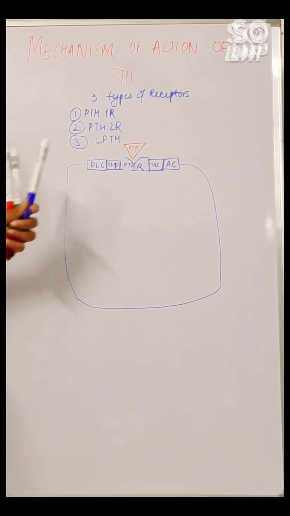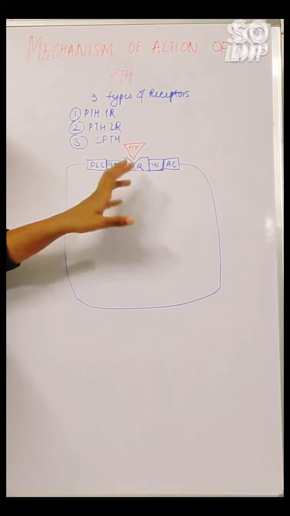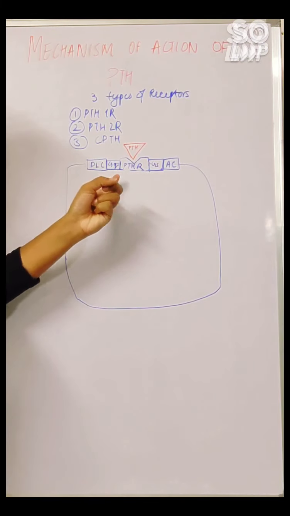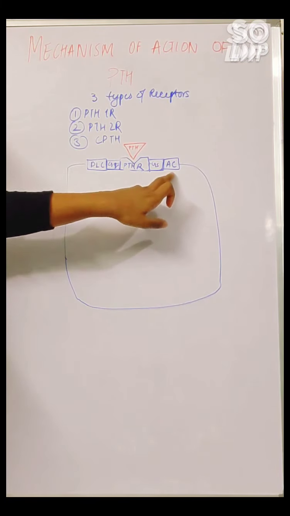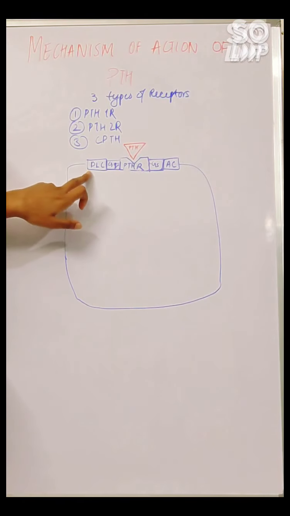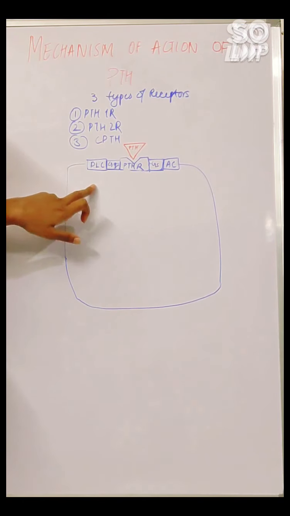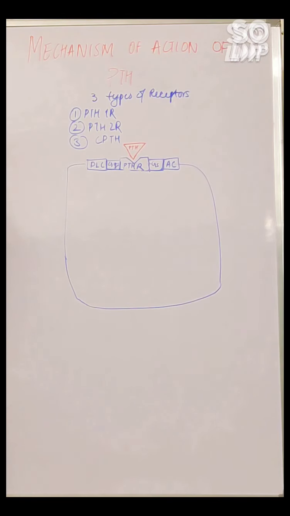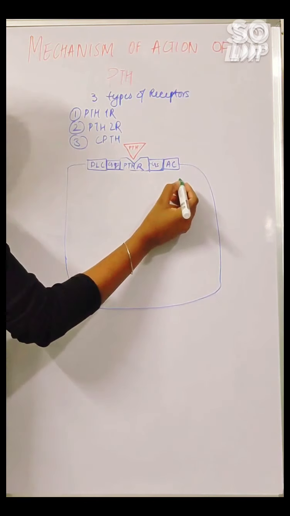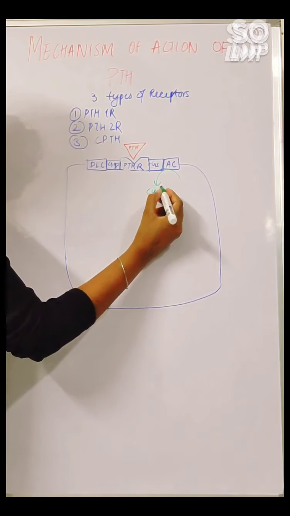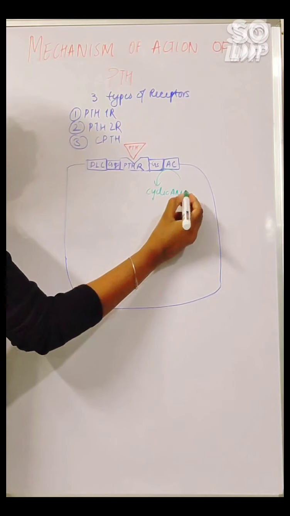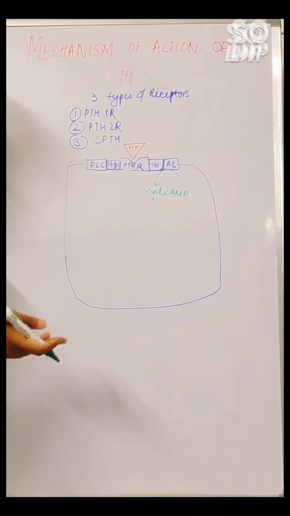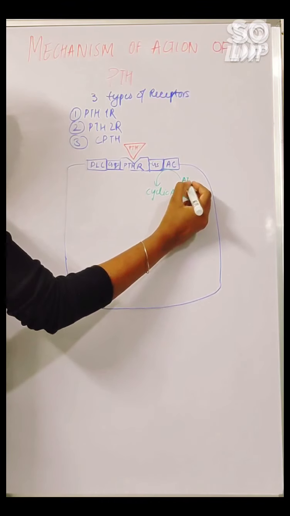When the PTH binds to the receptor, which is bound to the two types of G proteins, GQ and GS, there is activation of adenylate cyclase and phospholipase C. When adenylate cyclase is activated, it liberates cyclic AMP, or cAMP, and this happens in the presence of ATP.